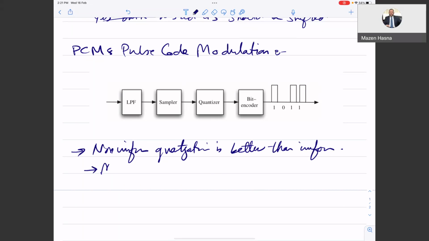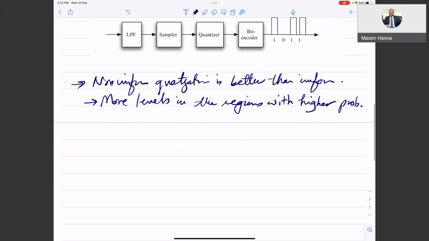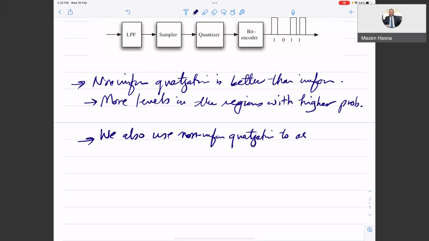Why? Because we can use more levels in the regions with higher probability. This is the same thing that we also use with non-uniform quantization in speech signals.